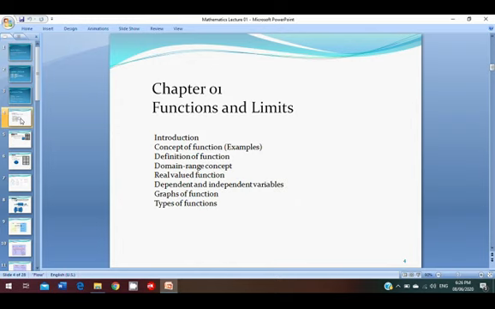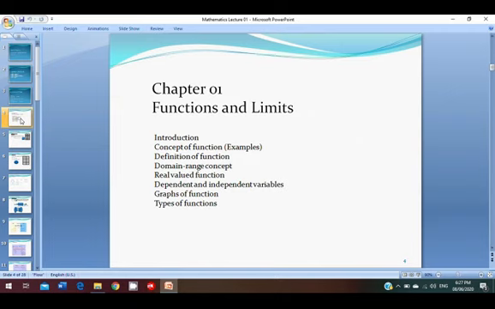Now we start our chapter. First, I will give you the intro of this chapter: concept of function, definition of function, domain range concept, real valued function, dependent and independent variables, graphs of function, and types of function.